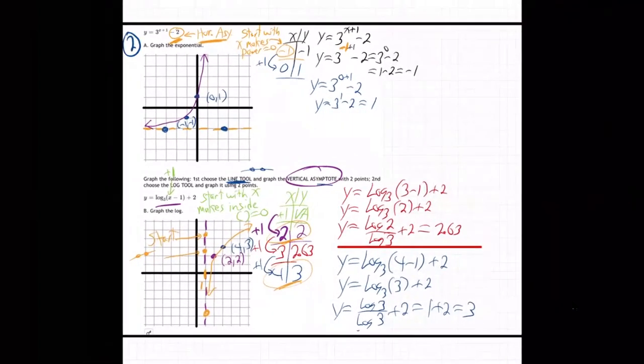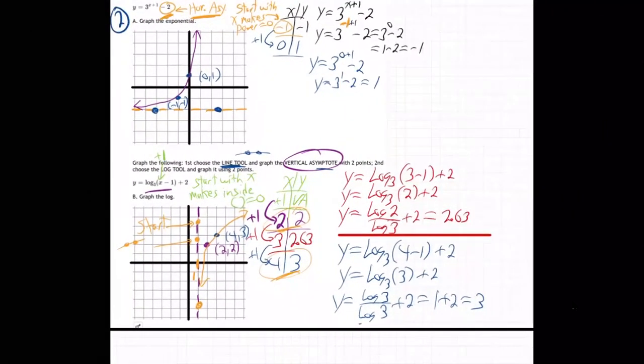By the way, notice that these graphs are mirror images of each other. If I put one of them onto the other one, let me grab the exponential and put it down here. First off, you'd put that dotted line right down here at -2. There you go. And then the graph, over 0, up 1, right here.